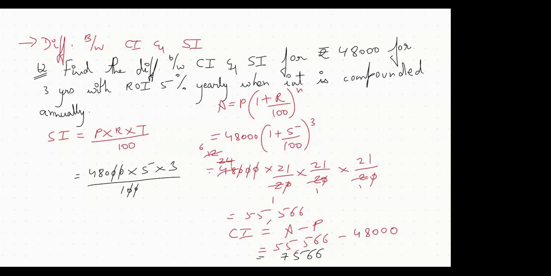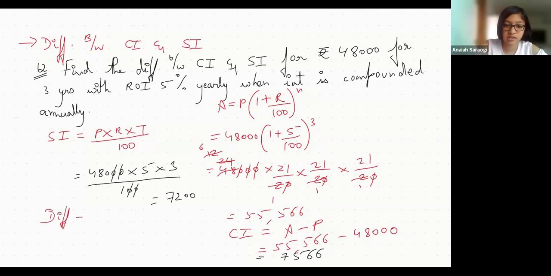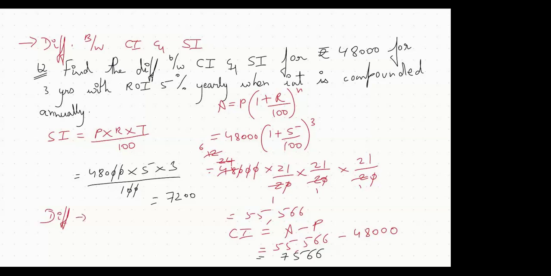Okay, now let's deduct. This is 7,200, SI. Okay, now find the difference. Difference is 366 rupees. Yes, very good, Anaya. Compound interest minus simple interest.